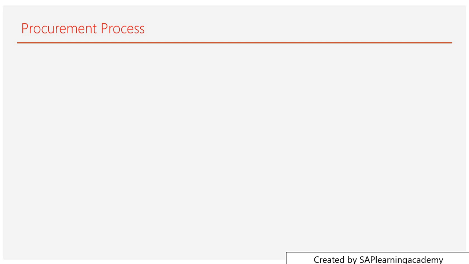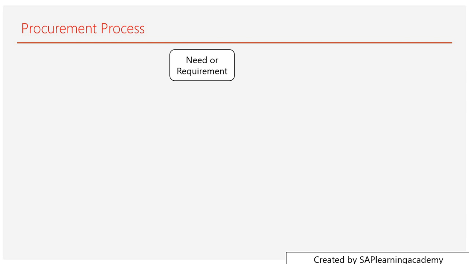The first step is, in this case, need or requirement. It means that you need to have a requirement first about the materials you want to buy. Like you need to create a manual purchase requisition to inform the purchasing department about the material requirement, whatever material you need.